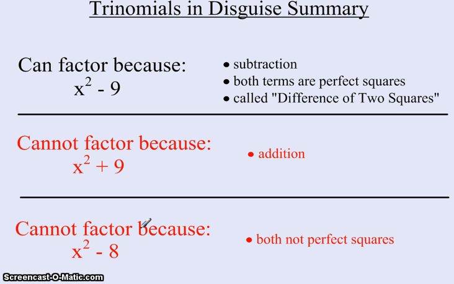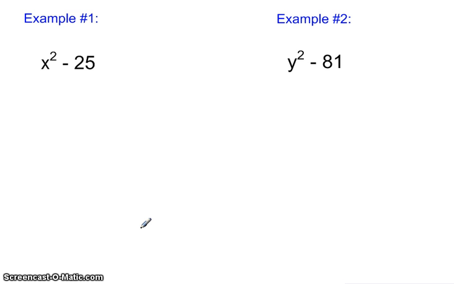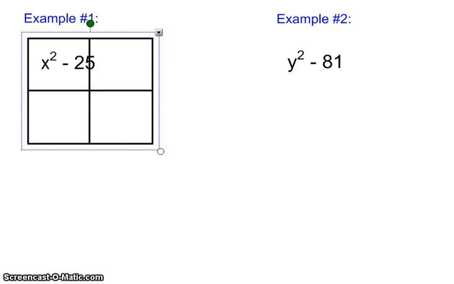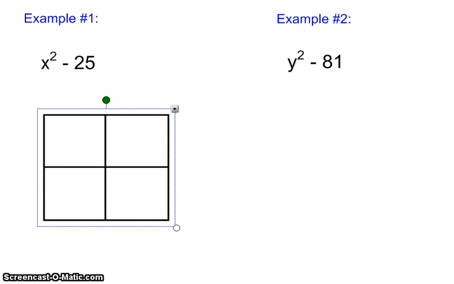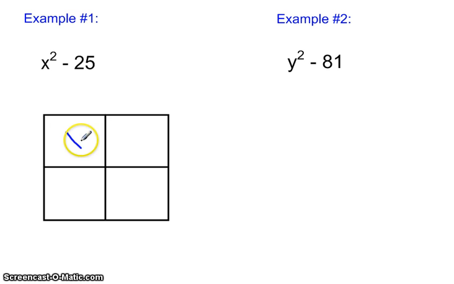All right, so I want to do just a couple examples here. These can go very quickly. Example 1 is x squared minus 25. I believe I can factor this because it's a minus and I've got two perfect squares. The square root of 25 is 5. I'm going to have my x squared here, my negative 25 here, and my x and my x.